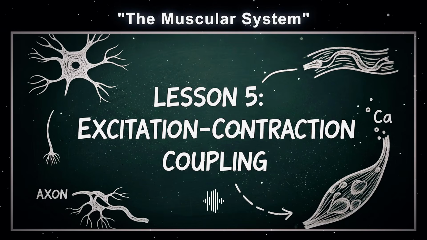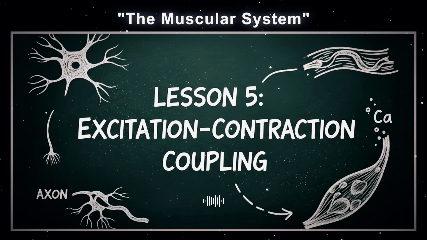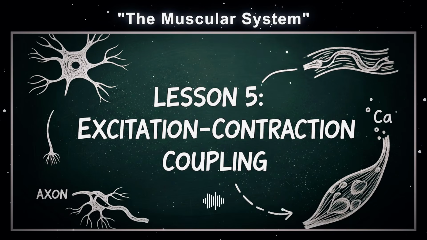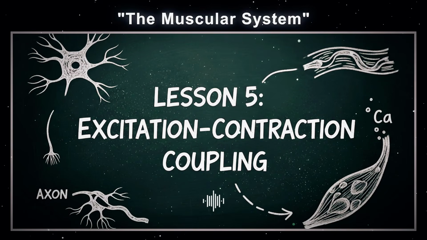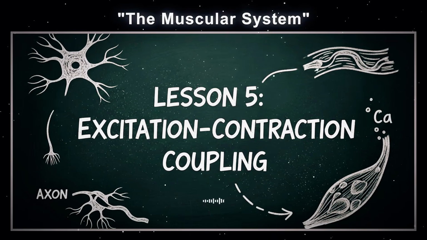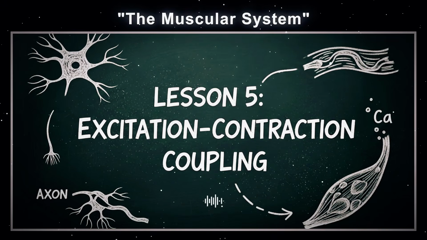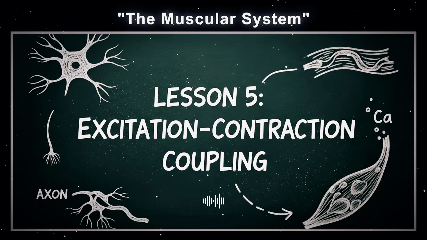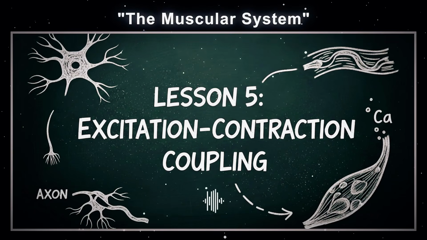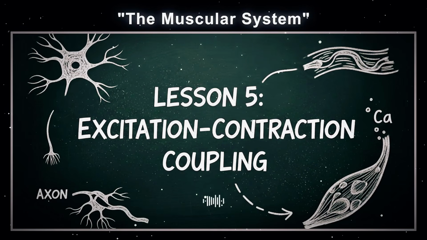Now, look closely at where the T-tubule meets the sarcoplasmic reticulum. The T-tubule runs right next to the bulging ends of the SR, which we call the terminal cisterns. Together, they form a structure called a triad. One T-tubule sandwiched between two terminal cisterns. This triad is the magic switch.